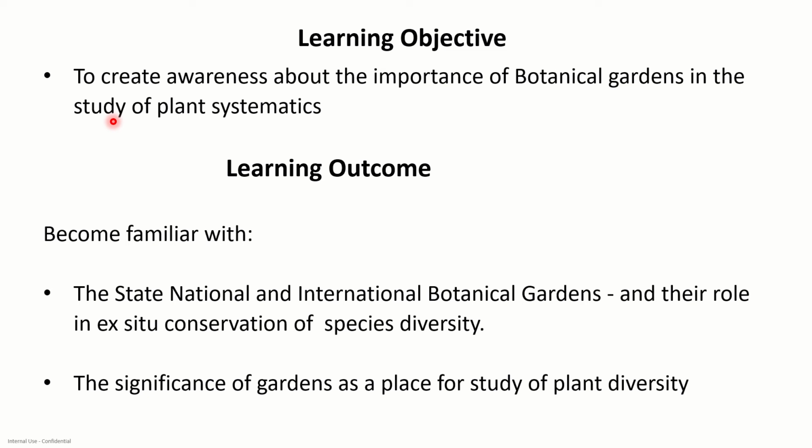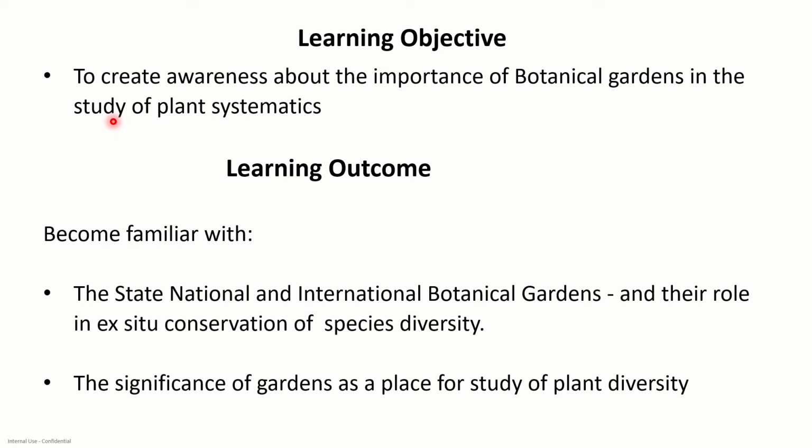The outcome of learning this particular topic is to make you familiar with the state, national, and international botanical gardens, and their role in ex situ conservation of species diversity.